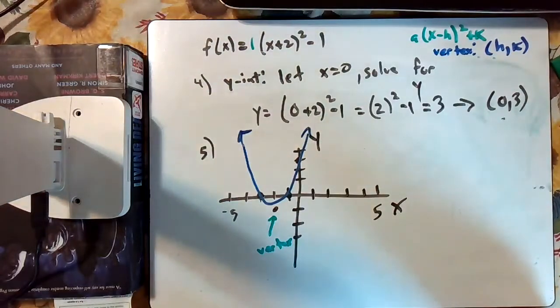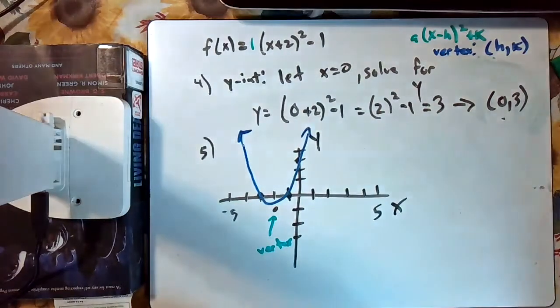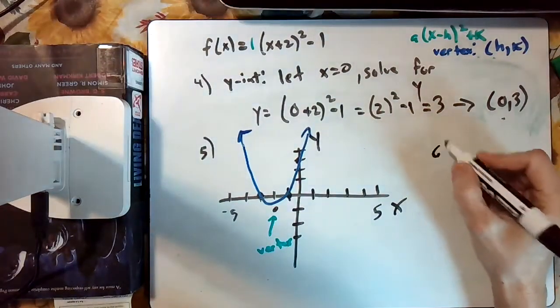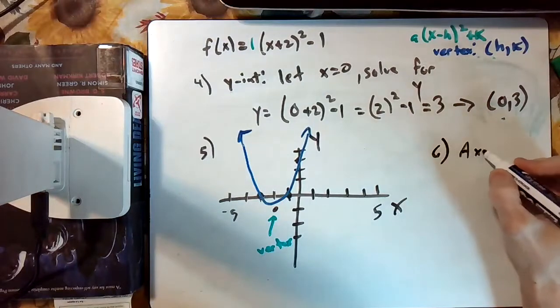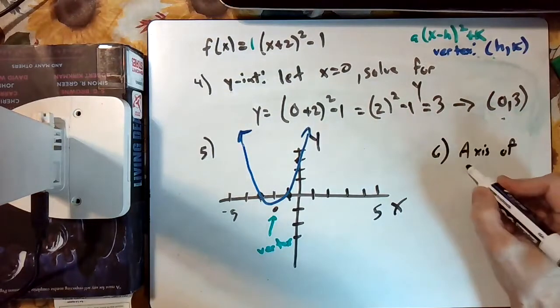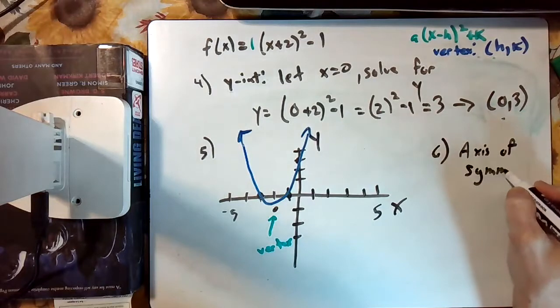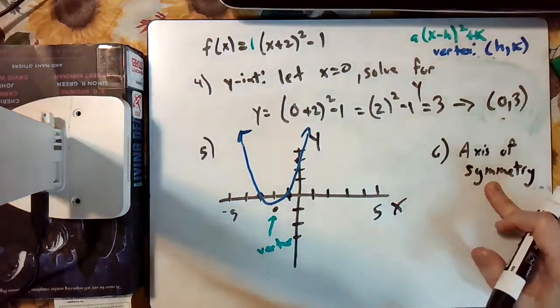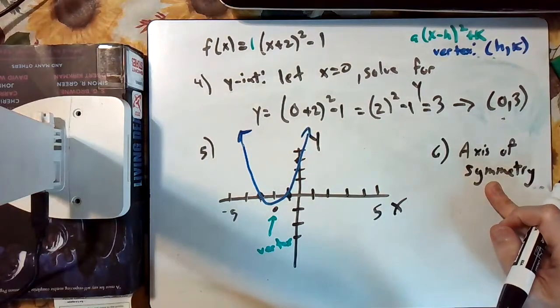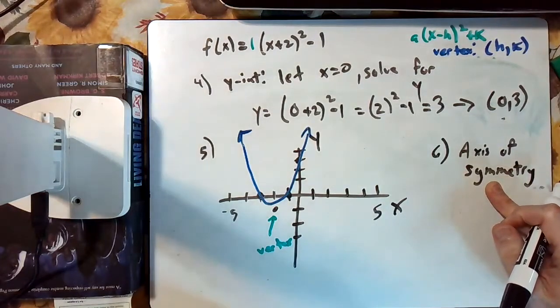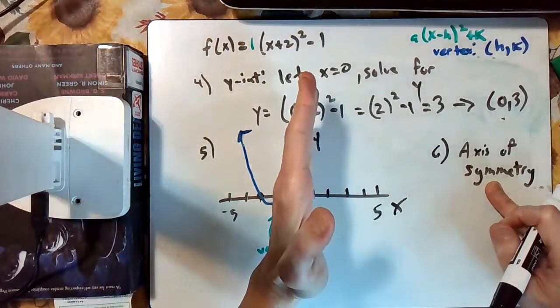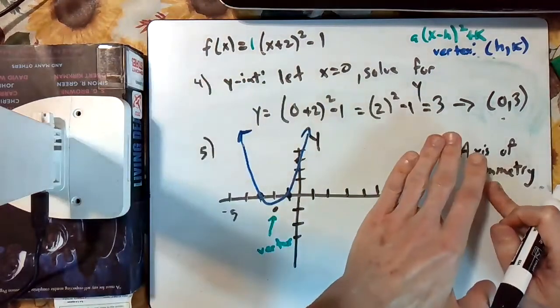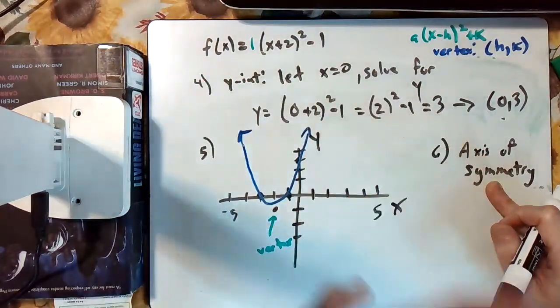All right, now, the next question was asking for the axis of symmetry. So basically what this is, if y'all remember from the previous sections, we talked about even symmetry, right? It was like, if I could throw a mirror along the y-axis, I could take one half of the curve and flip it over the y-axis and it would land on itself.